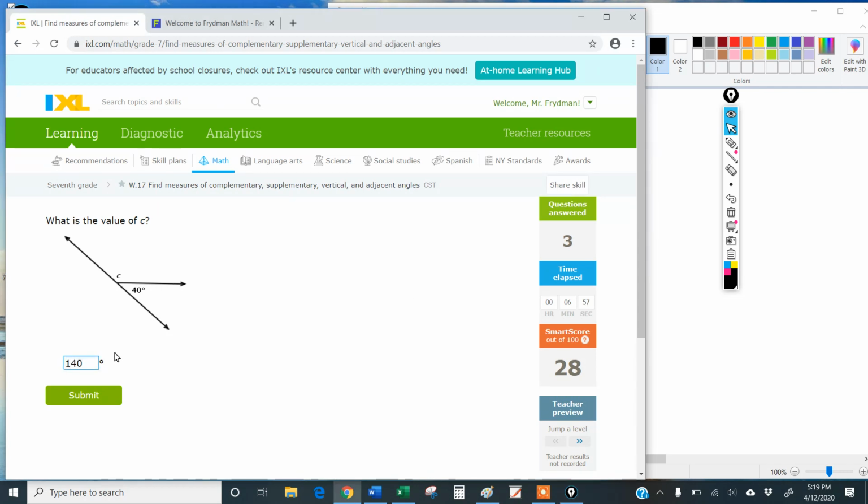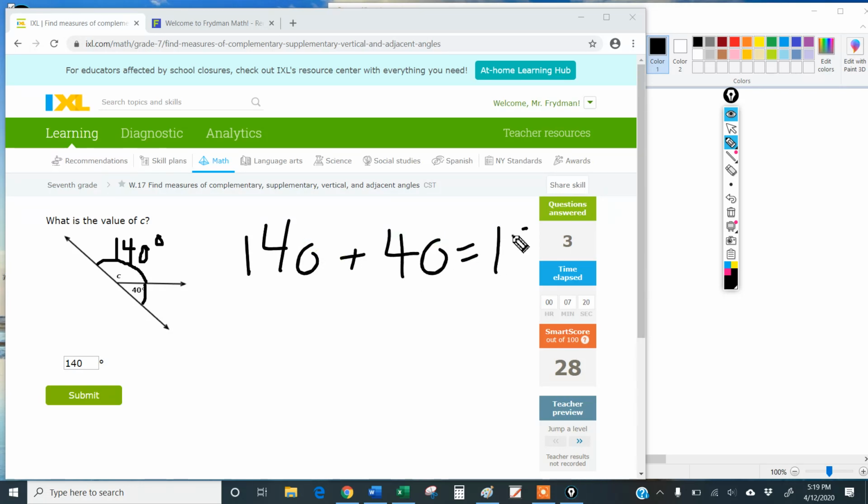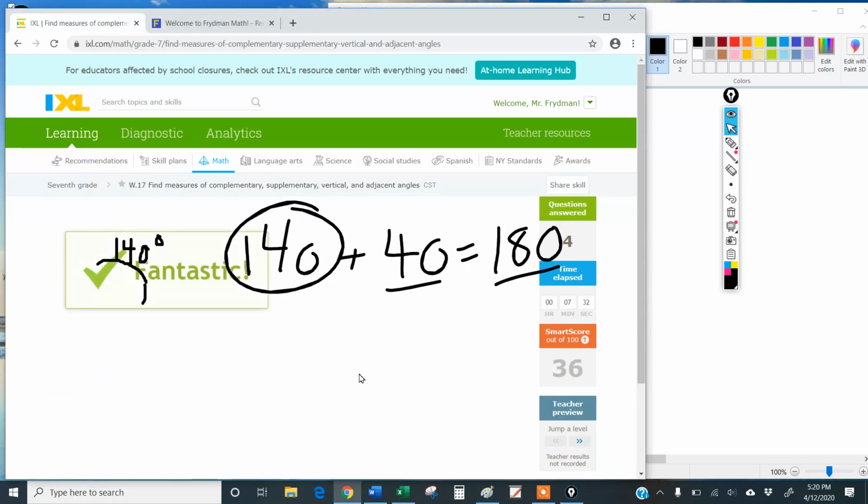Or in other words, 140 degrees plus 40 degrees equals 180 degrees, right? This must be 140 degrees over here because I'm looking for some number that when added to 40 gives me 180. So that number must be 140. Let's submit that there.